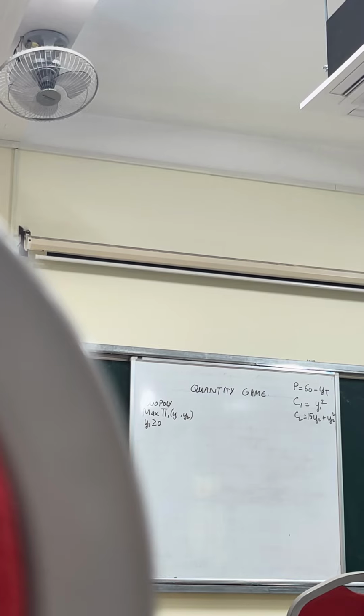And P is 60 minus YT, so 60 minus y1 minus y2, right? Pi 1, profit 1.